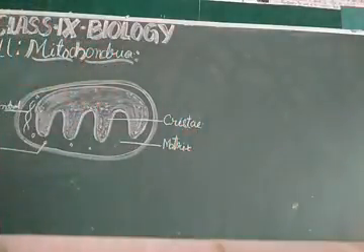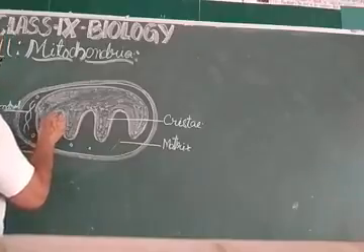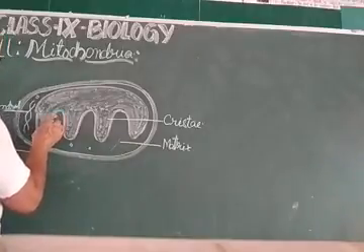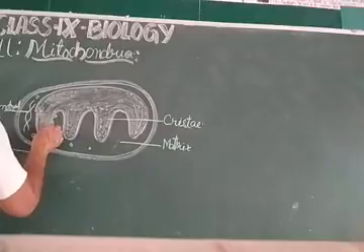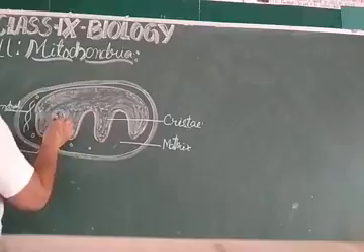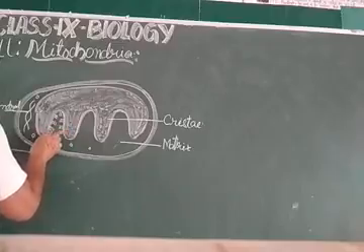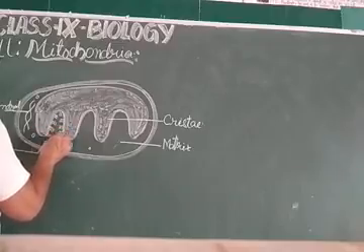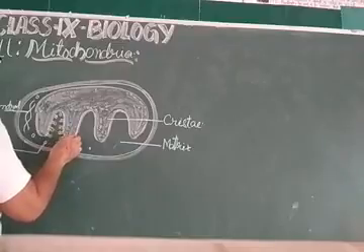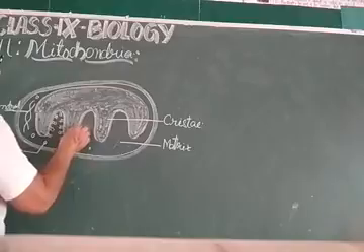My dear students, these cristae have gas burner like structures that you can see here, and these gas burner like structures are called oxysomes. Oxysomes are oxidating particles. You can see, these are the particles, these are the oxysomes.